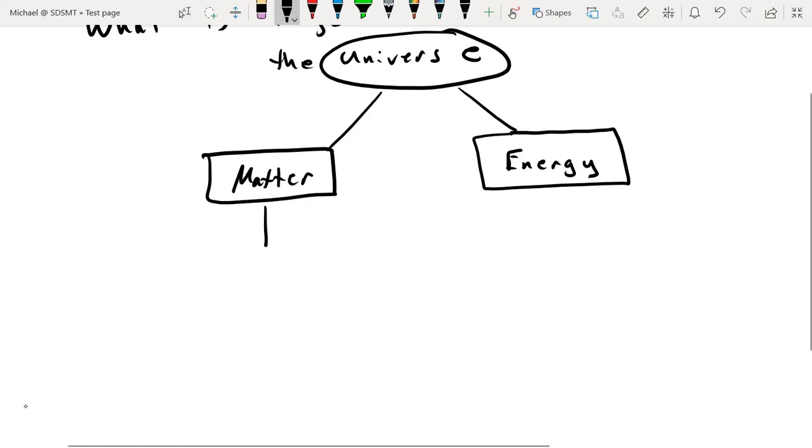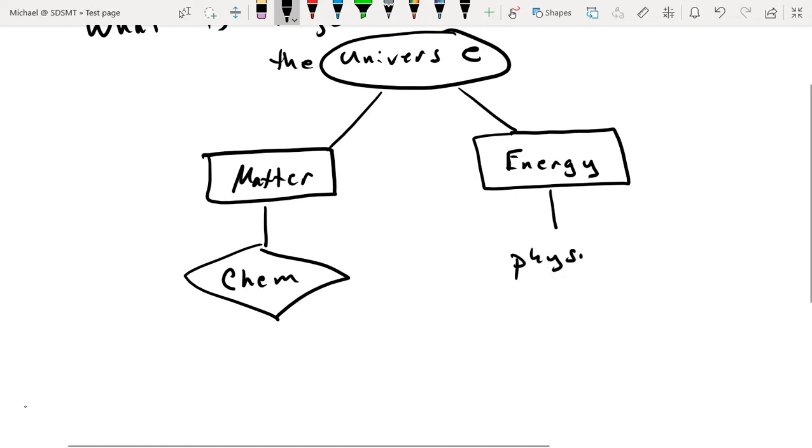When it comes to matter, if you want to study matter and how matter interacts with other forms of matter, then you'll take a chemistry class. If you want to know about energy and how energy can be transferred or transformed between different objects, then you'll take a physics class.